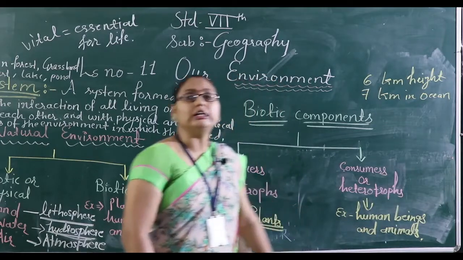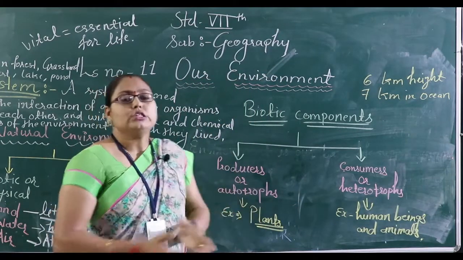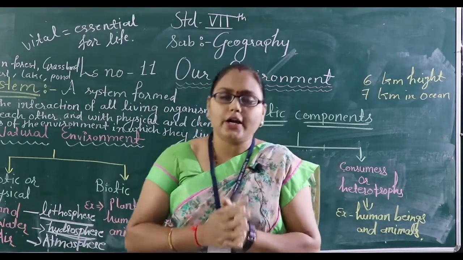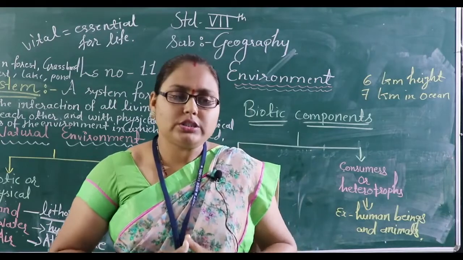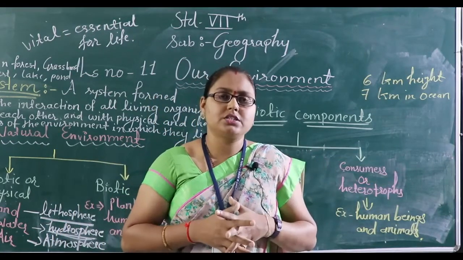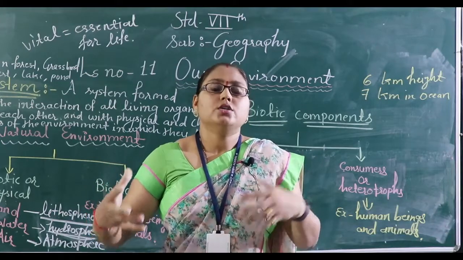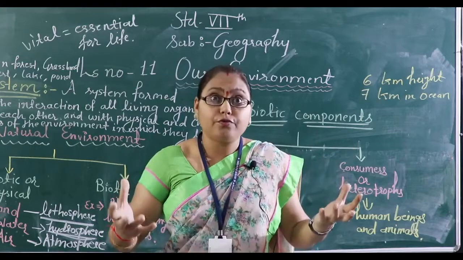First of all, we learn what producers or autotrophs means. They are organisms that produce their own food directly from the environment. Producers means to create.